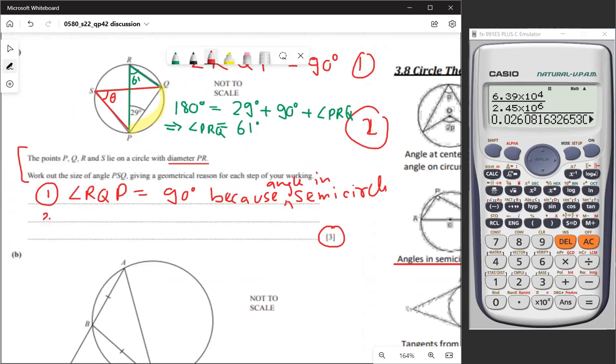Now second, we'll find that arc, we'll say 180 degrees and everything, this whole part right here.